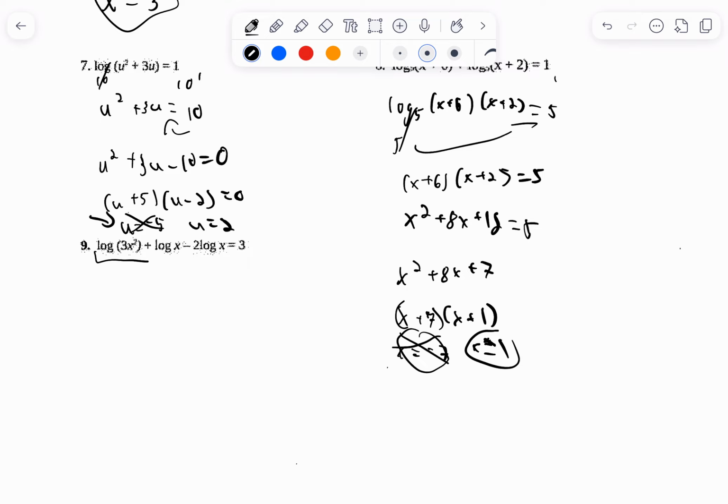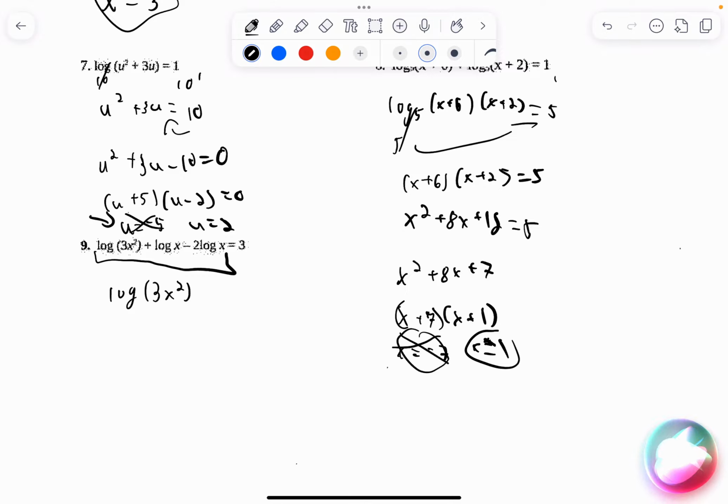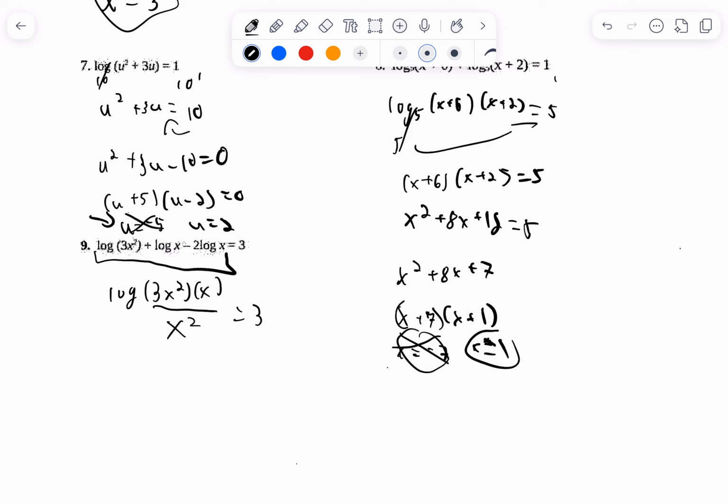Okay, so let's first do this part. Log 3x again, since they're both the same log, we can just combine them. Log 3x squared. Oops. x squared equals 3. Now we're gonna do that. Log 3x equals 3.